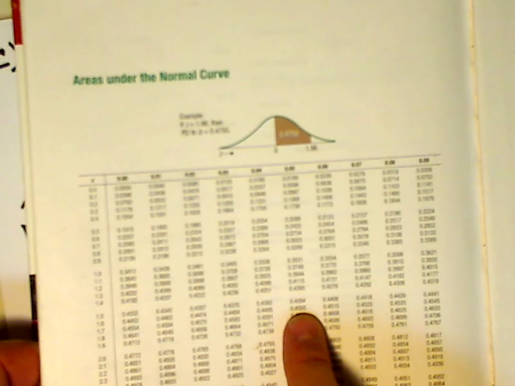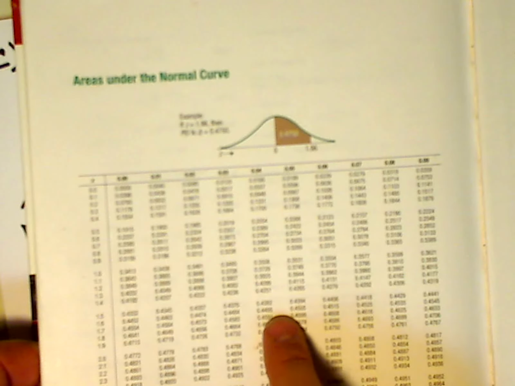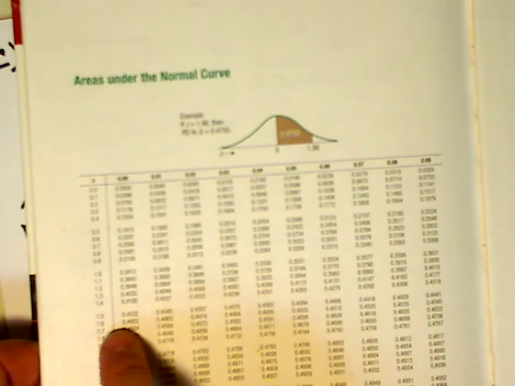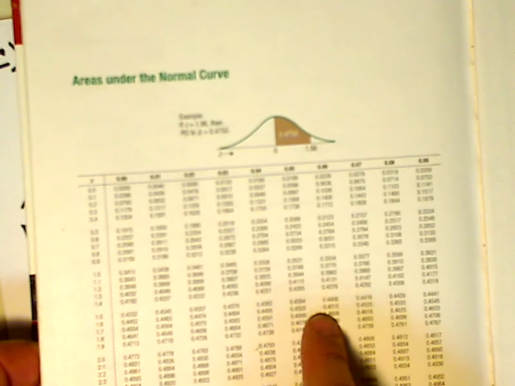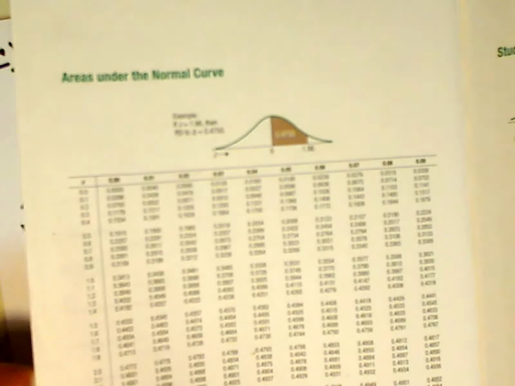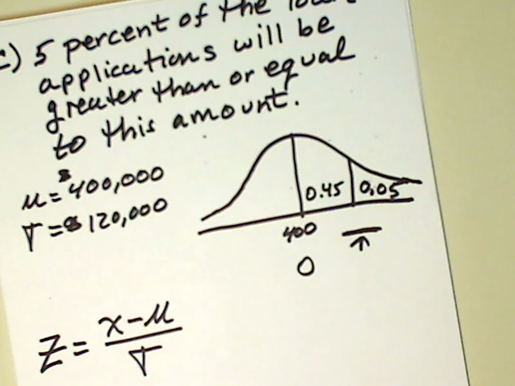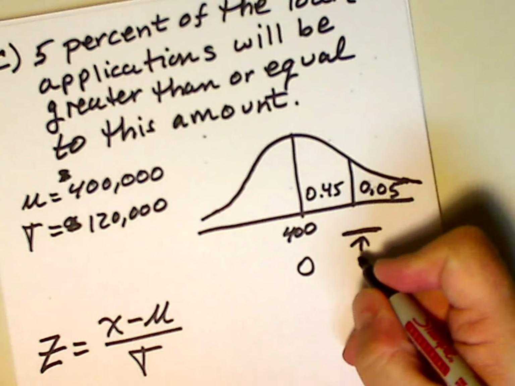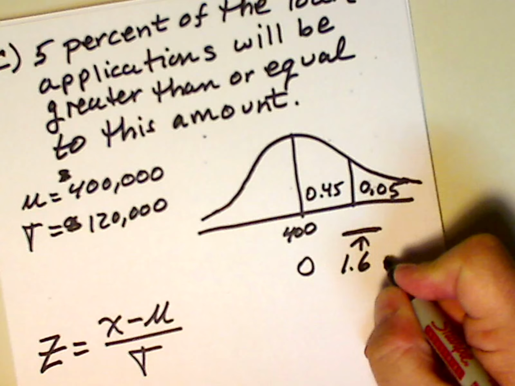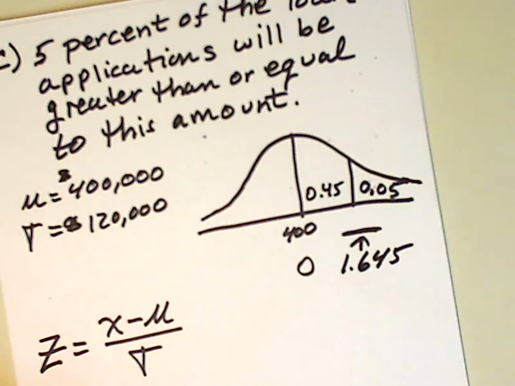In fact, 0.45 lies directly in between these two areas. Therefore, the z-value associated with this area, 0.45, is 1.645. So this z-value is 1.645.